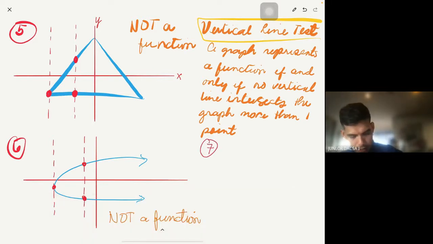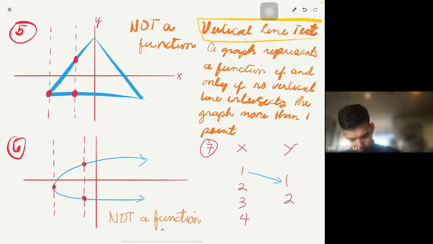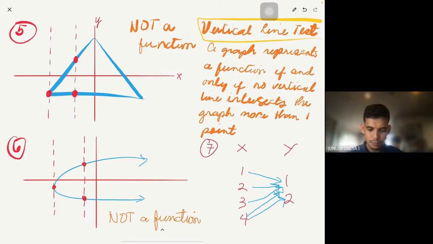So, let us say set of x, set of y, 1, 2, 3, 4, then 1, 2. Okay.